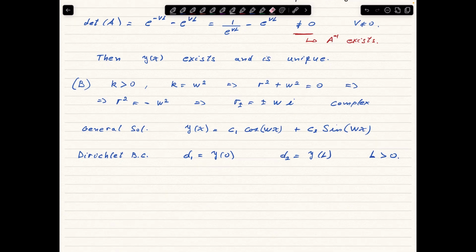So what is the first boundary condition? The first boundary condition is just that d1 is the solution at 0, but at 0 this disappears, the cosine is 1, and we end up with c1.